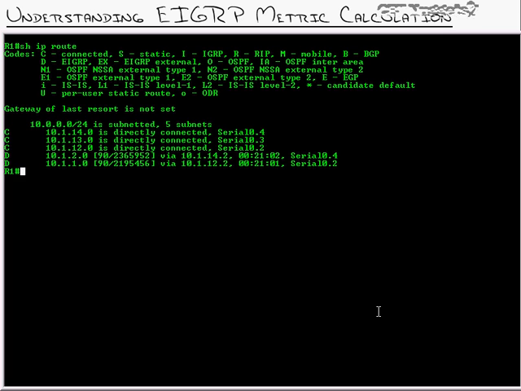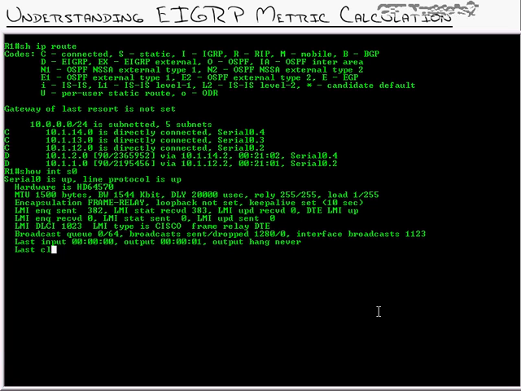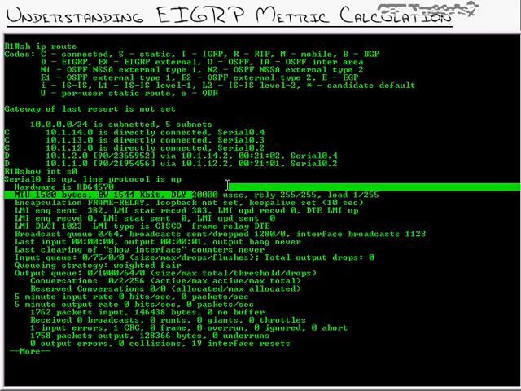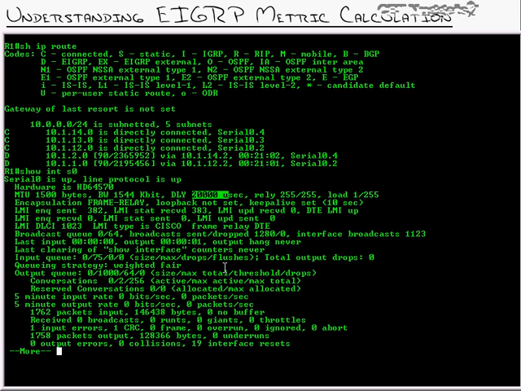If you go under any interface and you type in show interface serial 0, you will see under this interface the bandwidth right there, 1544 kilobits per second, and the delay, in this case, 20,000 microseconds. That's what USEC is.